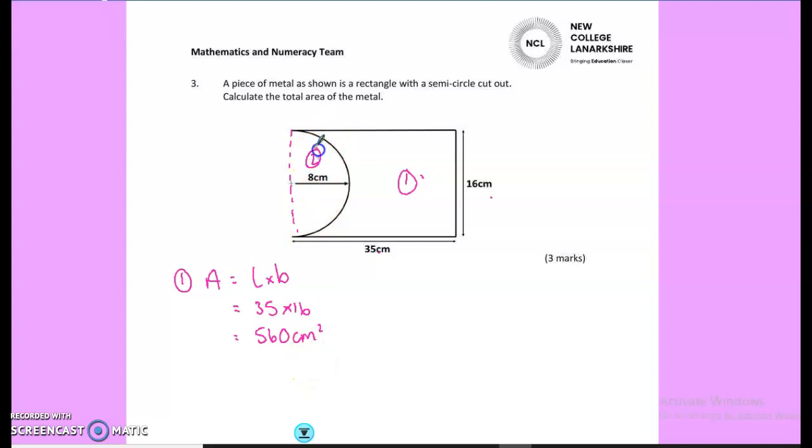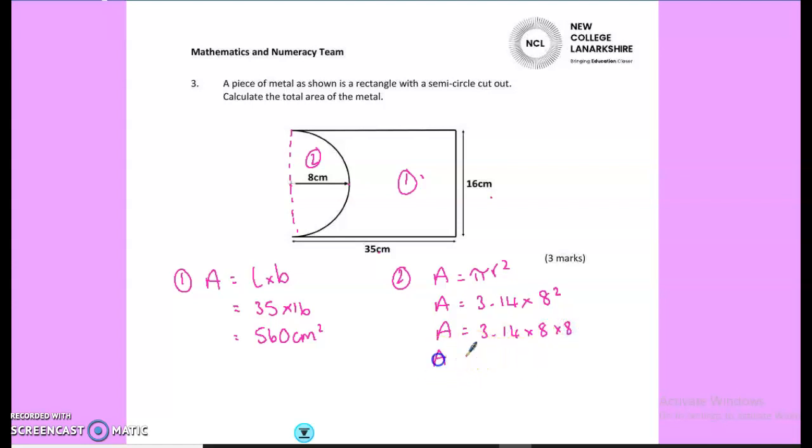We're then going to find the area of the semicircle. Area of a circle is pi r squared. Again, not a formula you're given, one you need to know. So it's 3.14 times the radius, which goes from the centre to the edge. The radius is 8. Remember, squaring something means timesing it by itself.